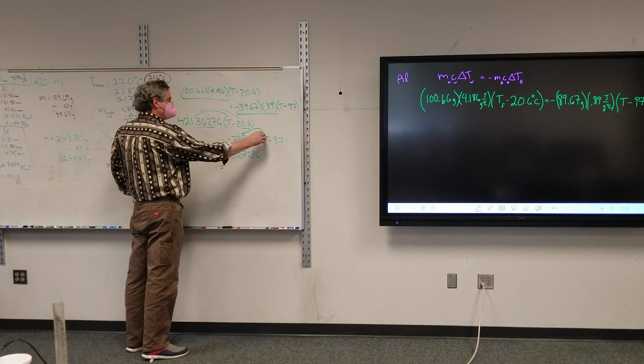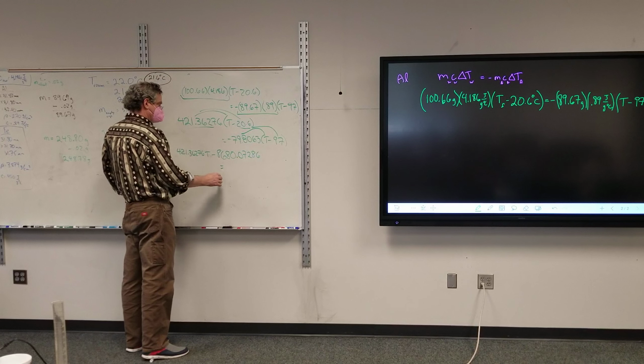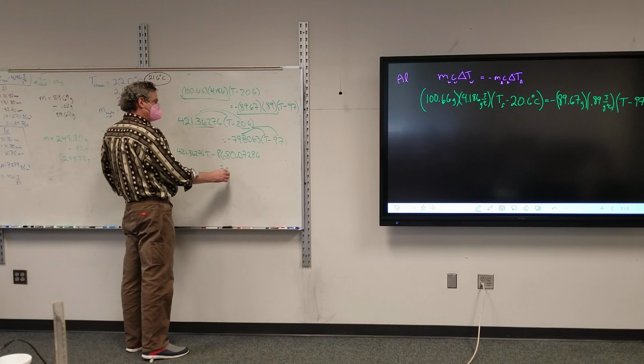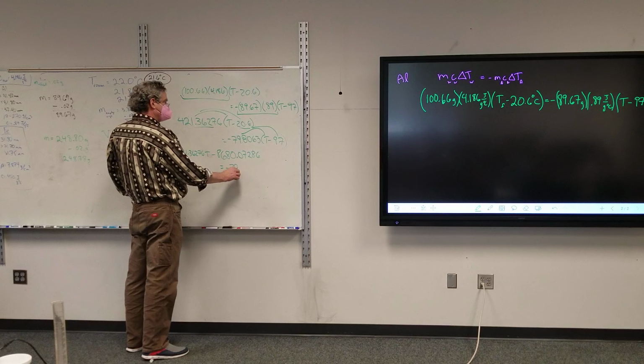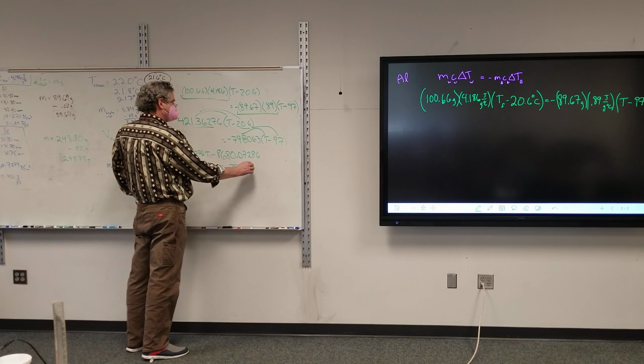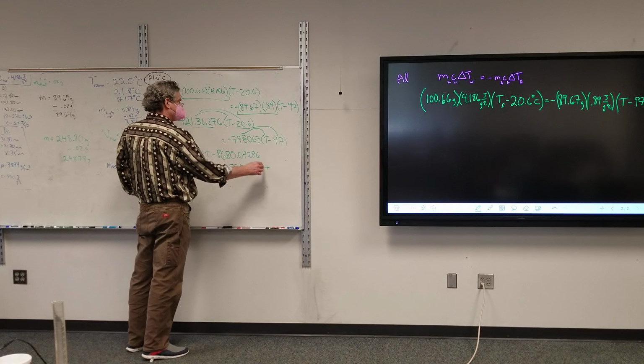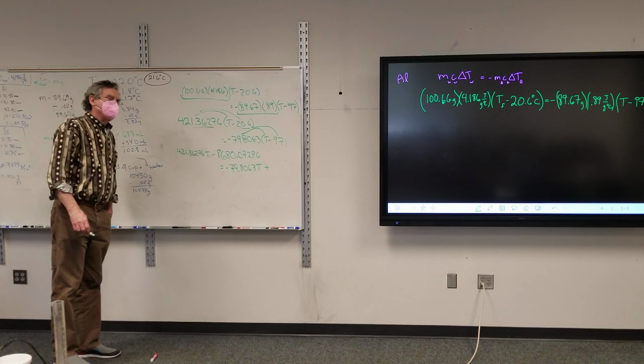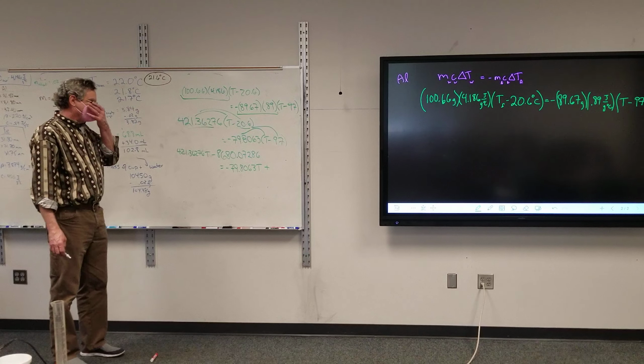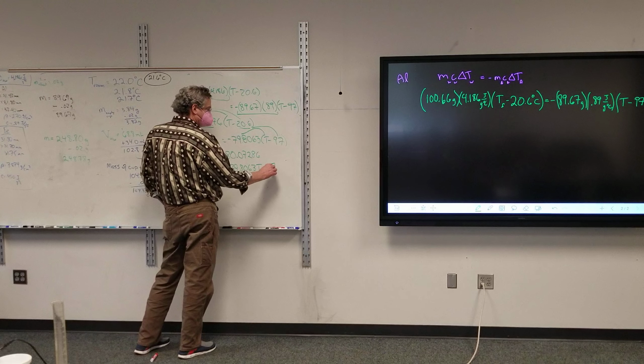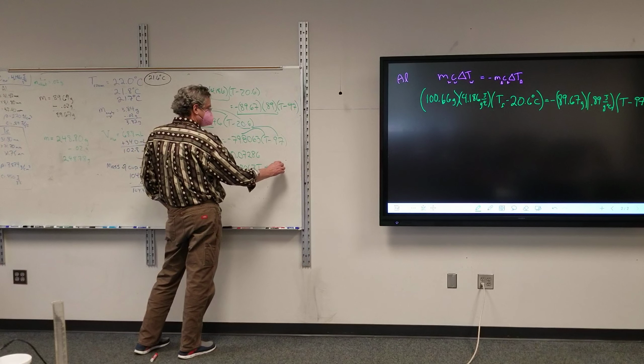Equals, now I got this and that. I got the first one, negative 79.8063 T plus, because I got negative times a negative, 7,741.2111.